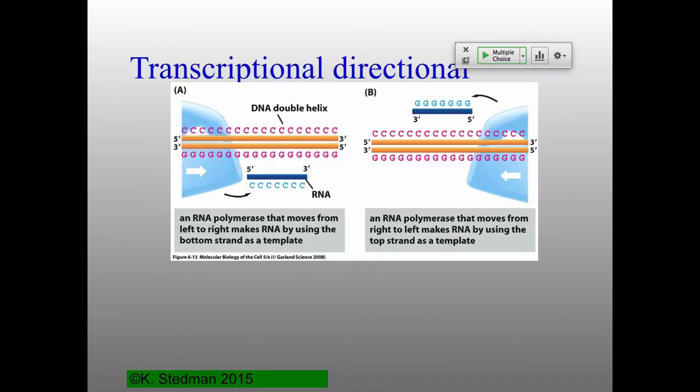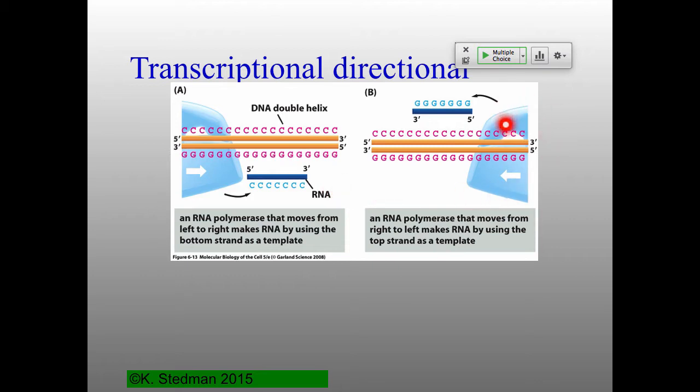Okay, so this is just a reminder that you can look at upstream and downstream sequences, and where your promoter is determines what kind of sequence ends up being transcribed. So here, for instance, if your promoter is over here on this strand, your -10 and -35 are here, you're going to make an RNA, in this case, that's all C's.